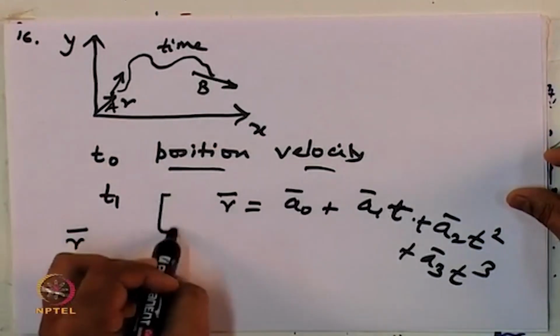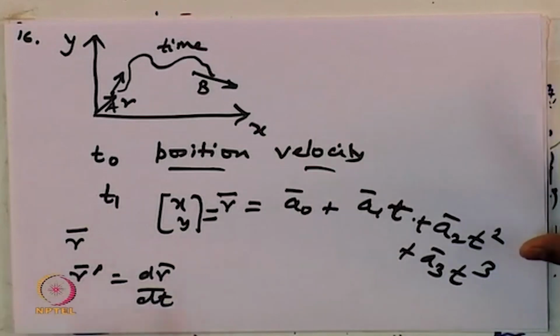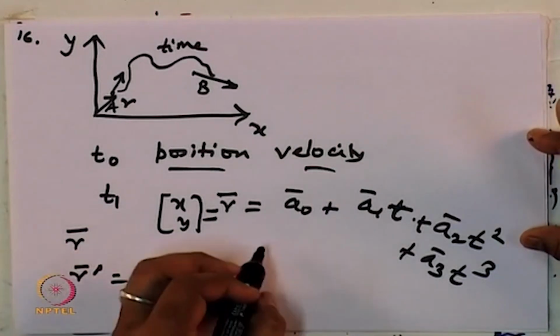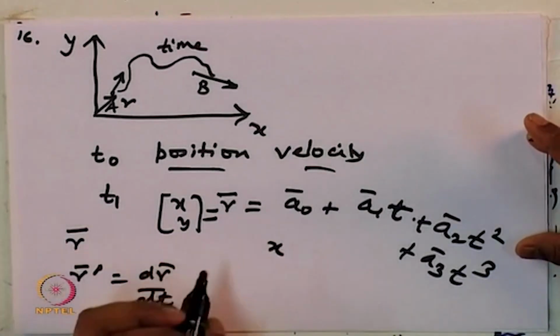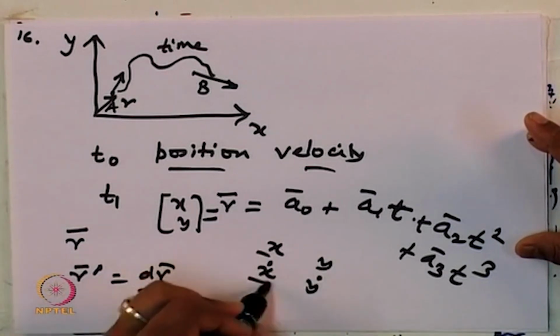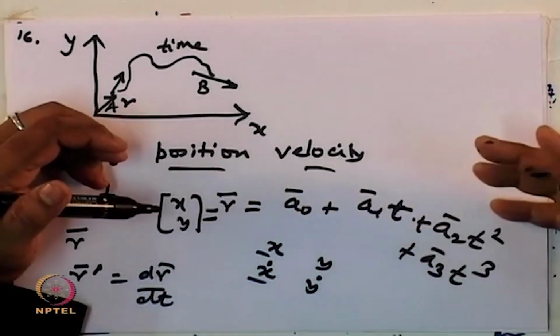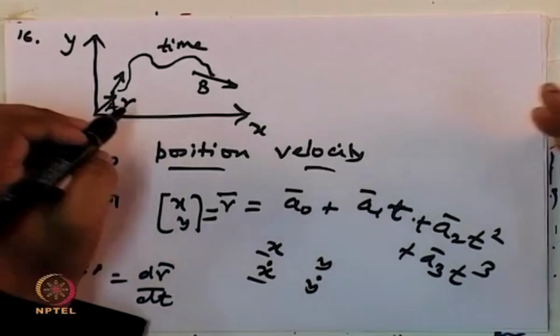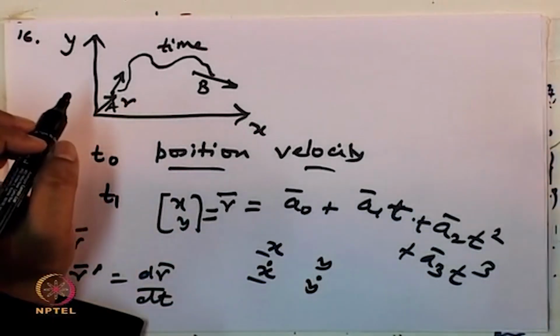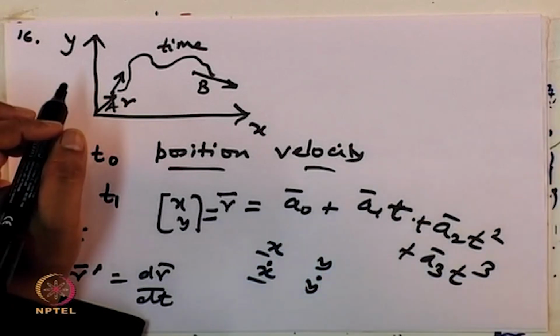Your r position stands for x position and y position. But what you are provided at every time is either the x or the x dot, similarly the y or the y dot. So, you have 2 conditions. From this, depending on the number of variables you can choose.